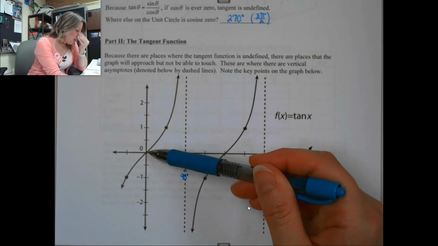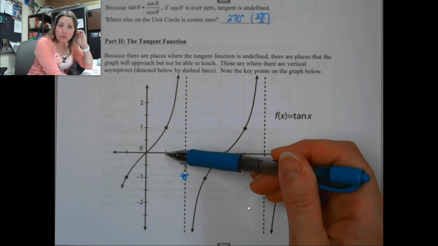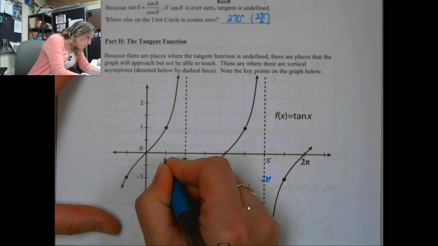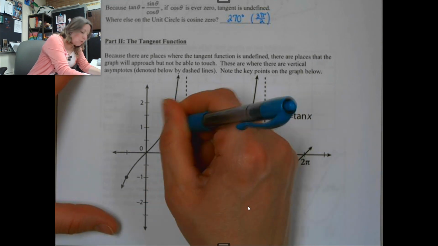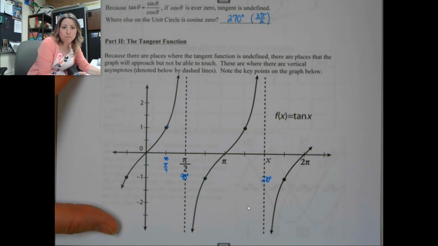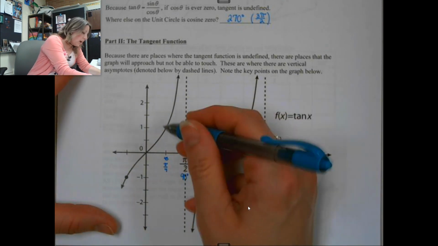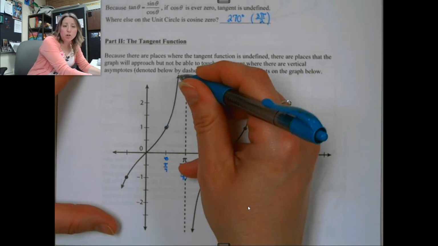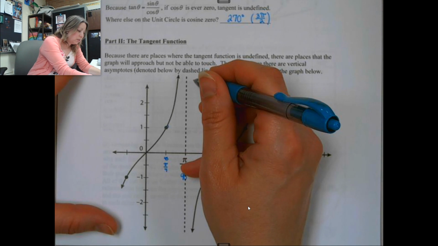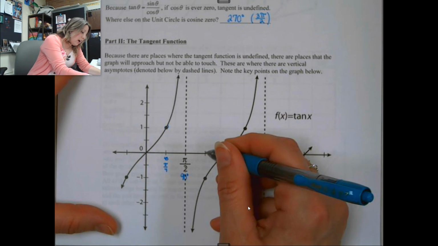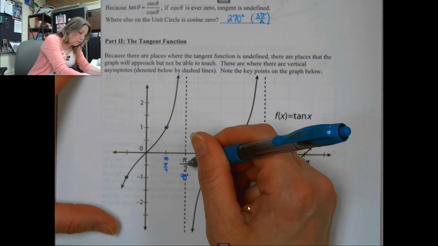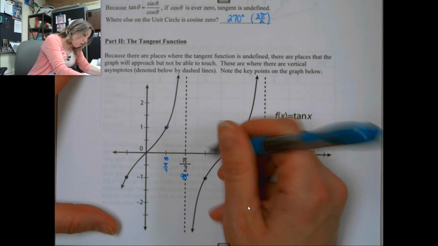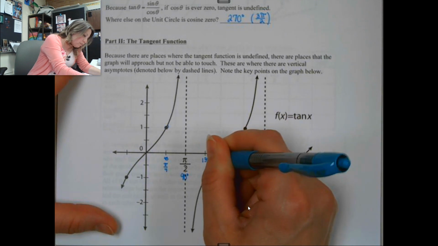Same thing every time, right? 0, 0, then you've got 45 degrees right here, which is the same as pi over 4 radians, that's where you're going to hit 1 right there. Okay. And then continues up and as close to the asymptote as possible. Then you're going to have, so there's your 45, here's your 90. So here is your 135, right?